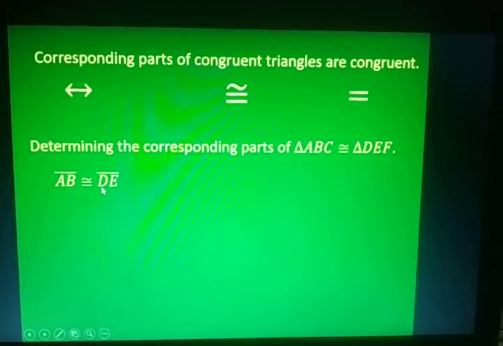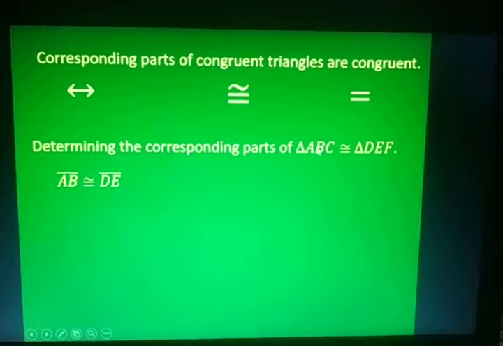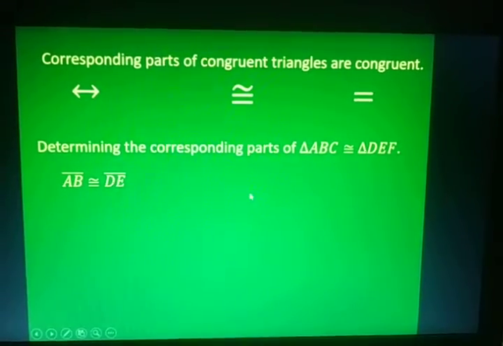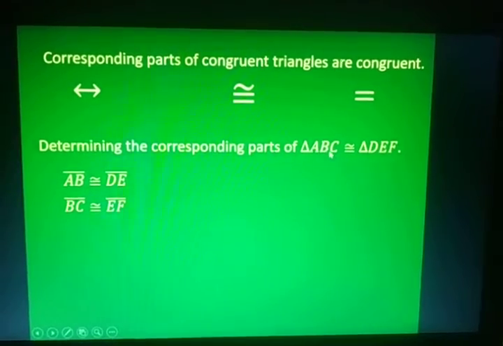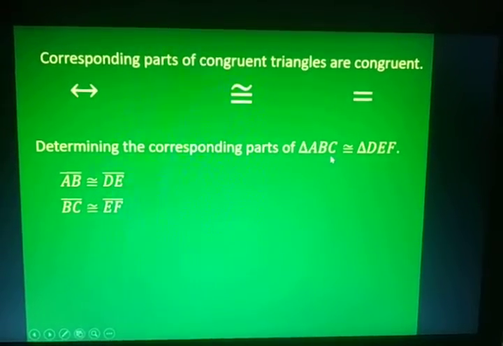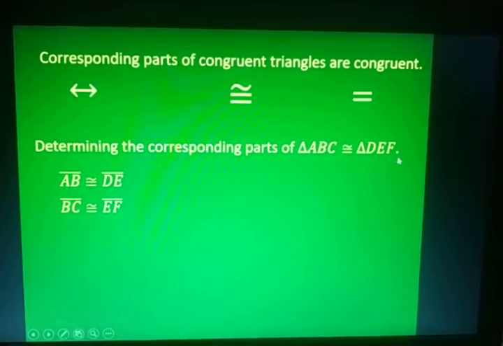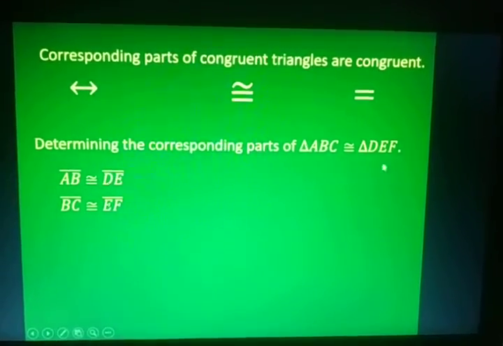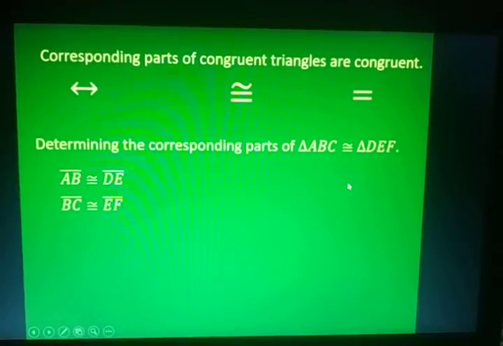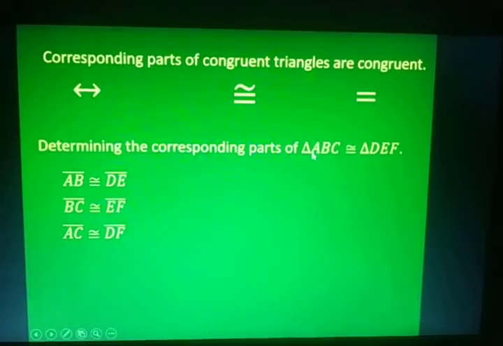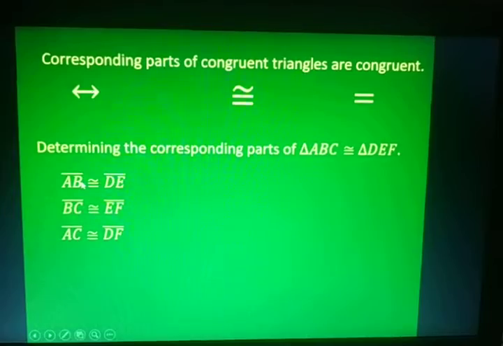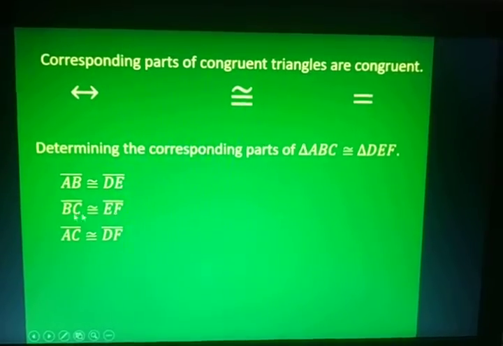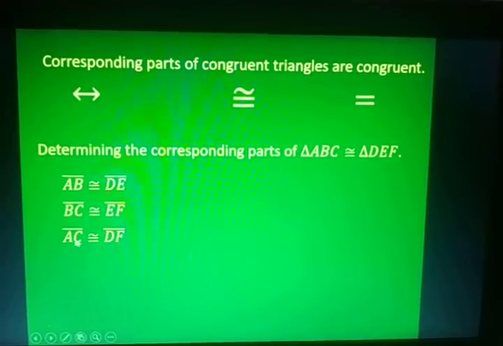Next, we have side BC. Side BC is congruent to side EF because they are corresponding. And the last side, since a triangle has three sides, we have side AC congruent to side DF. Or if you reverse them, BA to ED, CB to FE, side CA to side FD.